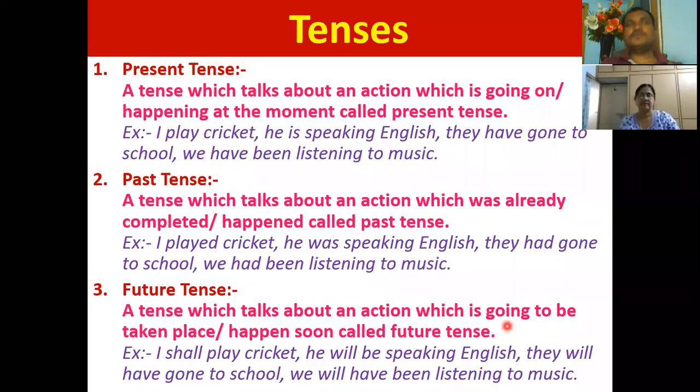Like that, we can distinguish the difference between past, present, and future.